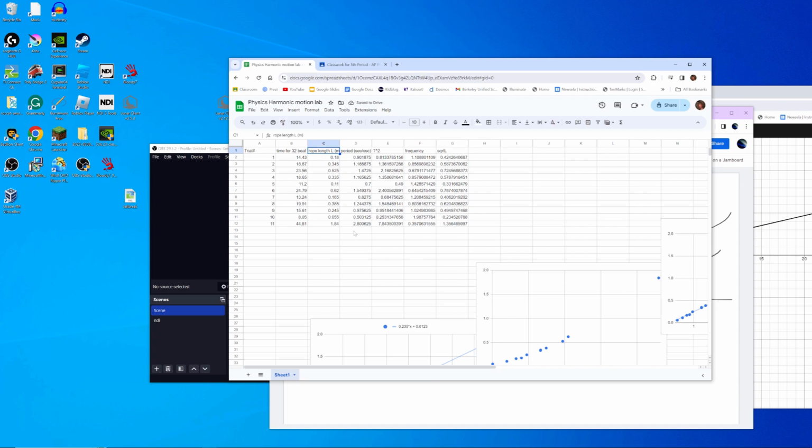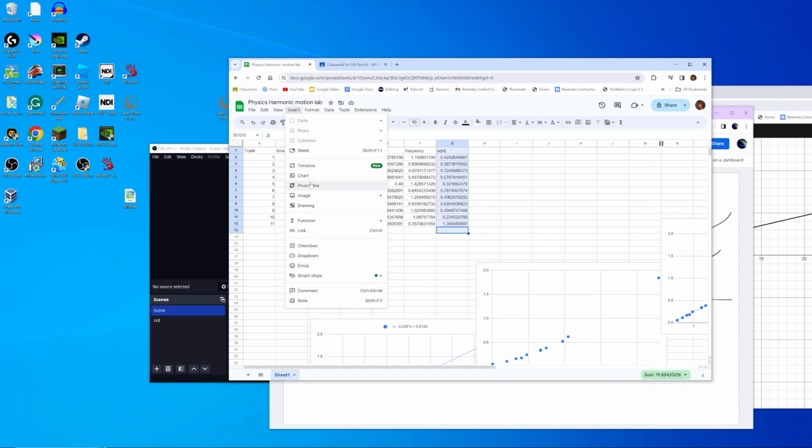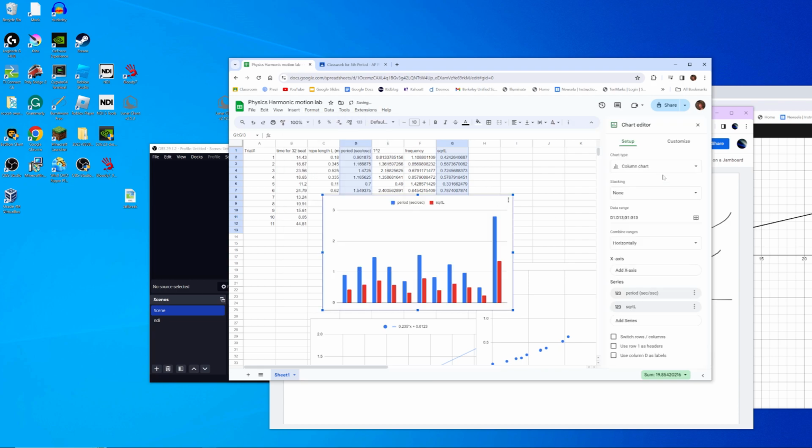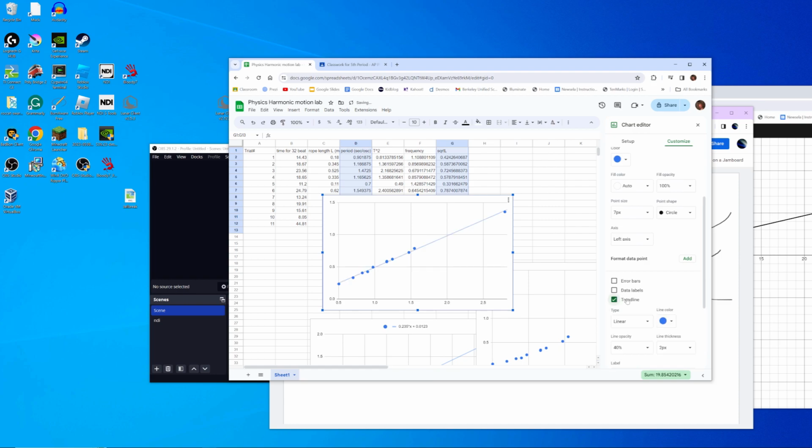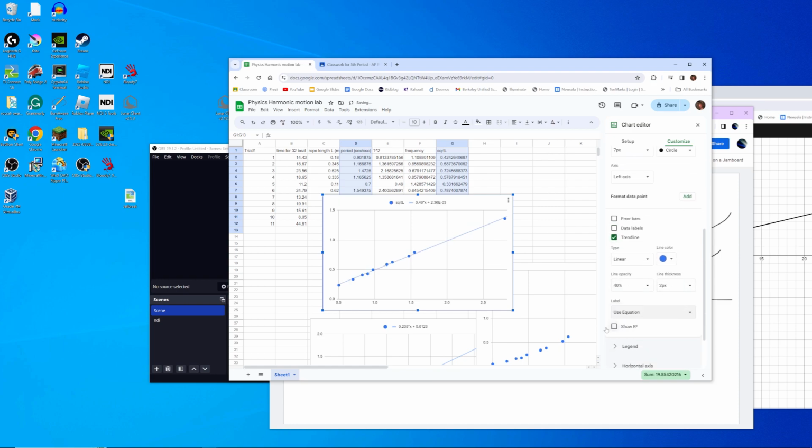Rope length versus square root of L. You want to do square root of L versus the period, and then insert a chart. Sorry about that. Column chart, scatter chart, and to check, the x-axis we want to be period, y-axis squared out. Wow. Okay. And then we're going to customize series, trend line, none, use equation.